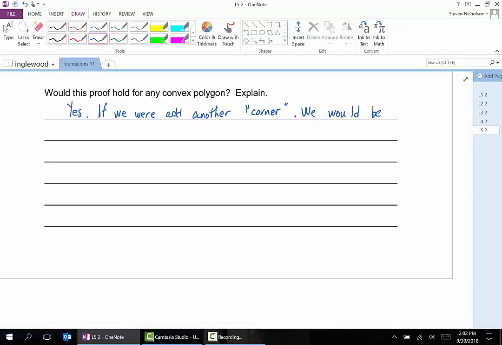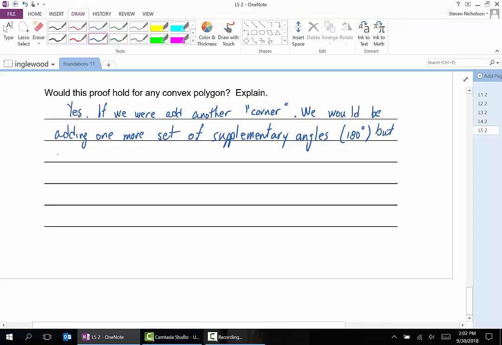We'd add 5 of them instead of 4 of them. One more set of supplementary angles. So we'd be adding that to our proof. Again, another 180 degrees, just like the 4 in this one.